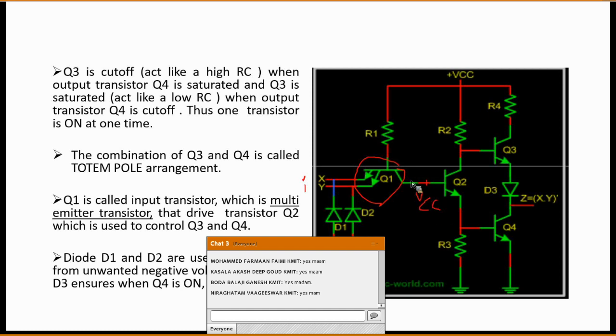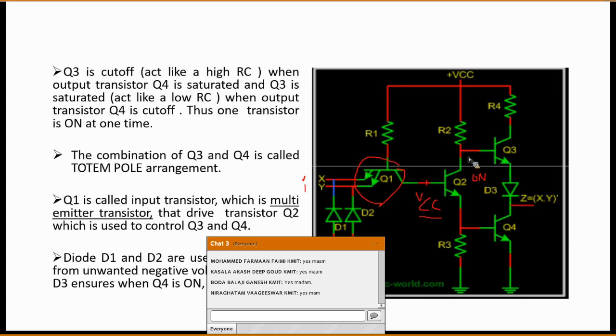If Q1 is off, the collector will be at VCC. This collector of Q1 is driving the base of Q2, which means the base of Q2 has a supply of VCC, 5 volts. So Q2 will be in on state.